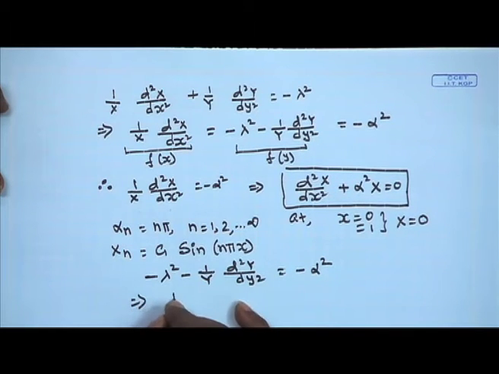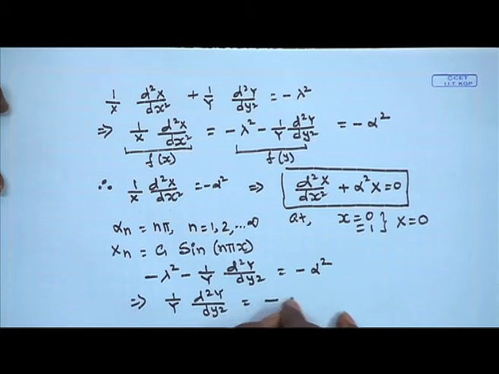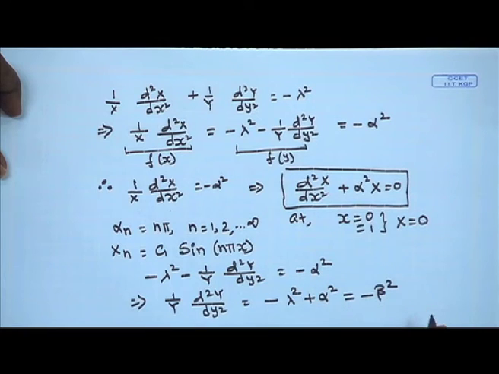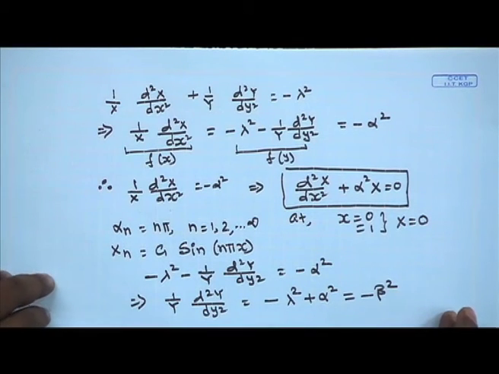Therefore, 1 over Y d square Y dy square is equal to minus lambda square plus alpha square, and again the combination of the two constants will be a constant, and again this constant has to be a negative constant, otherwise we will land up with a trivial solution which is not desirable, and we are looking for a non-trivial solution. So, let us solve the y varying part now.